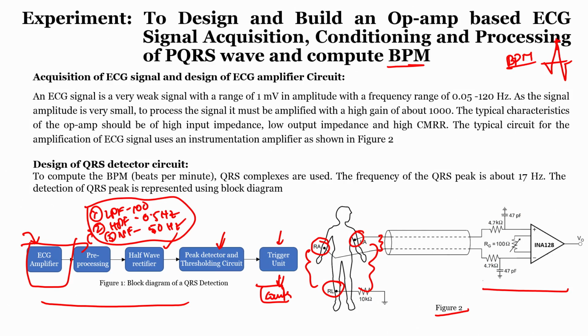But before giving you the live experiment on the ECG signal, we have to build the circuits, split the complete experiment into different subsystems, design those subsystems as we have seen in the block diagram, simulate them, and experimentally verify whether the circuit is working as per our expectations or not.